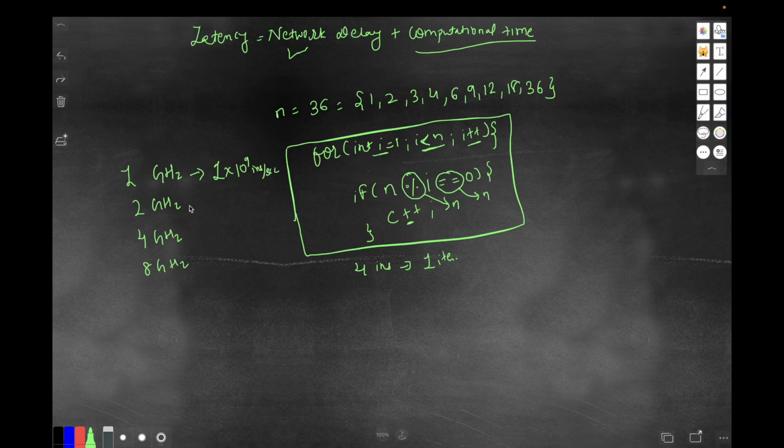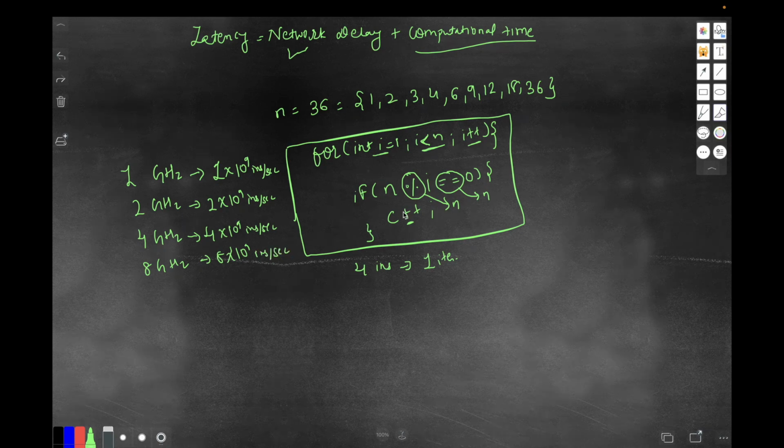This one means it can execute 2 into 10 to the power 9 instructions per second. This one, 4 into 10 to the power 9 instructions per second. Same for this, 8 into 10 to the power 9 instructions per second.